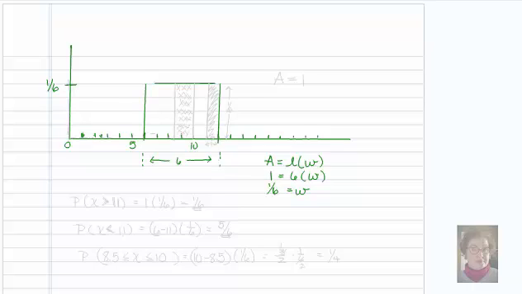So the first question says more than 11 pounds. So if we want to know what's the probability that our weight loss is more than 11 pounds, we need to find the area of the rectangle between 11 pounds and 12 pounds. Well, we know the width is going to be 1 pound, and our height is 1/6.